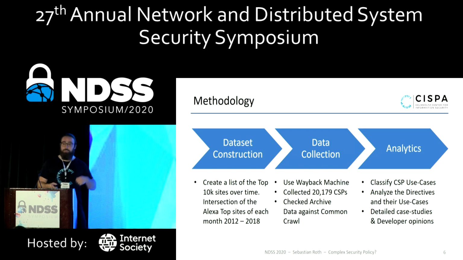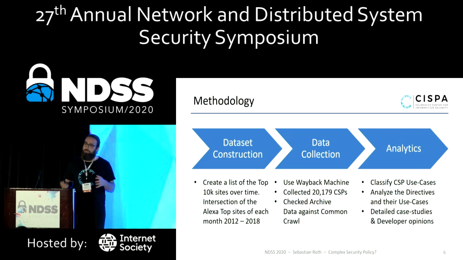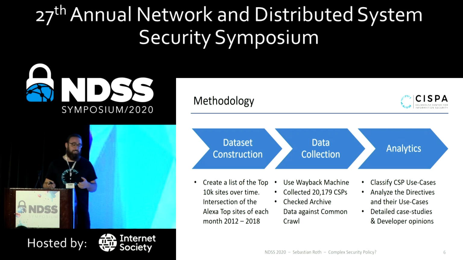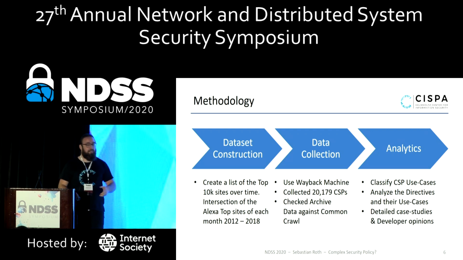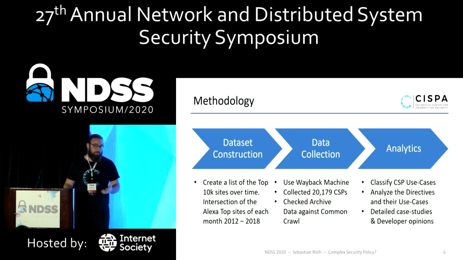Afterwards, we cross-checked the validity of this data with a similar service called Common Crawl. Finally, we clustered the collected CSPs into their different use cases and analyzed the directives of those CSPs. Furthermore, we have taken a detailed look at the deployment strategies for real-world websites, and later on we also asked developers about their opinion on CSP.